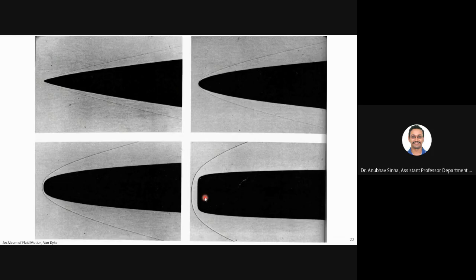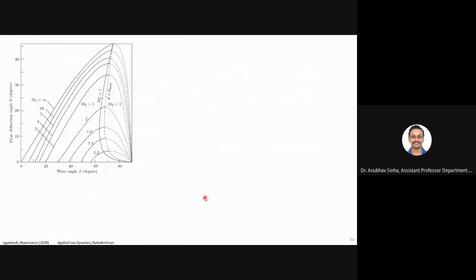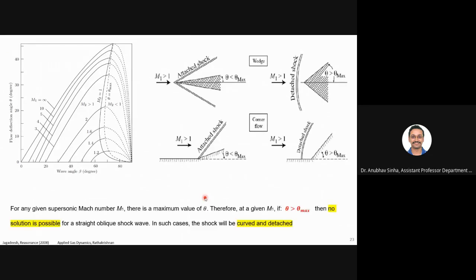What does it depend on? If you look at this plot carefully, you can see that for a smaller theta, you have a solution. Let us say you have a Mach number of 2; for that this is the maximum theta you can get, 22 to 23 degrees.